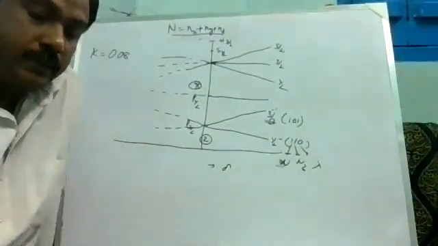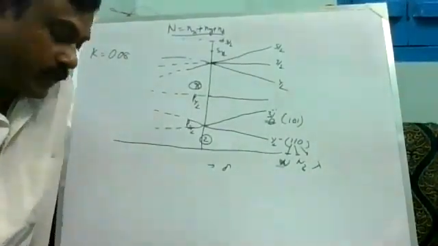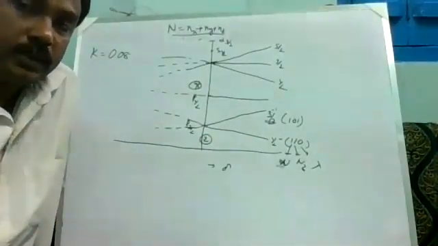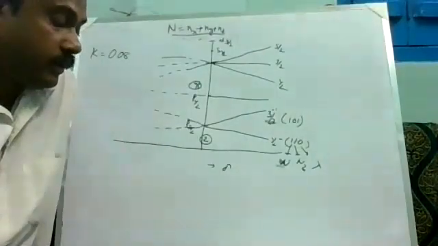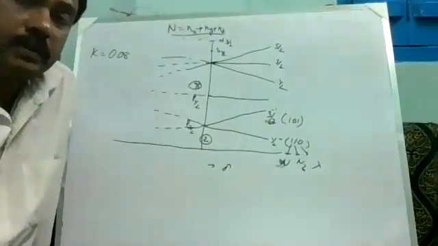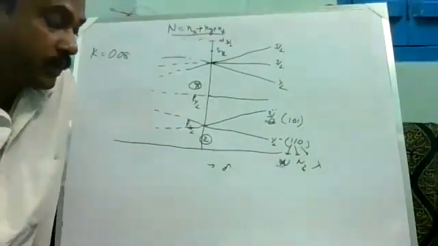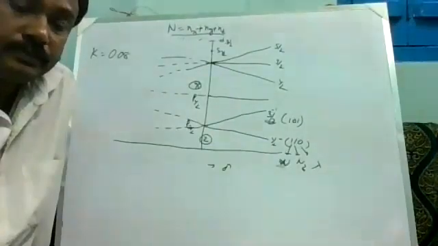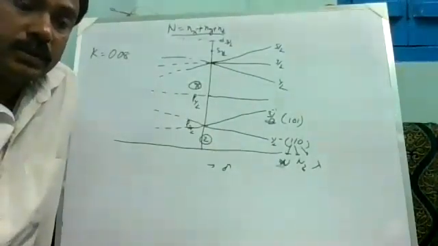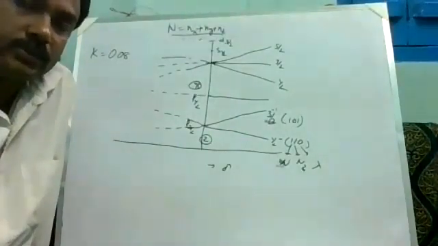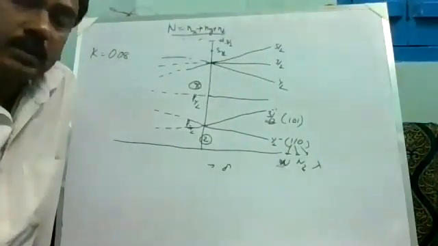If I can recapitulate the shell model, then first we have considered the shell model without spin orbit coupling in the previous semester, where we have seen that in order to explain the magic numbers, the shell structure has to be considered.